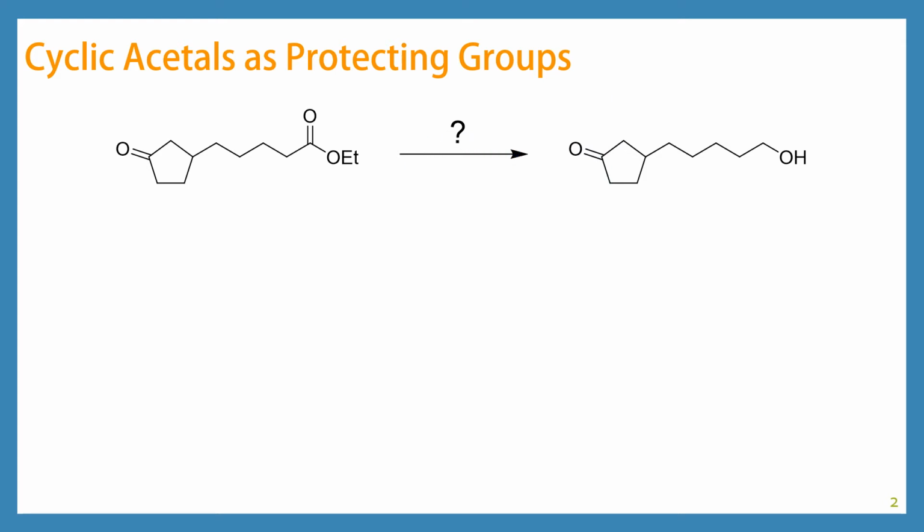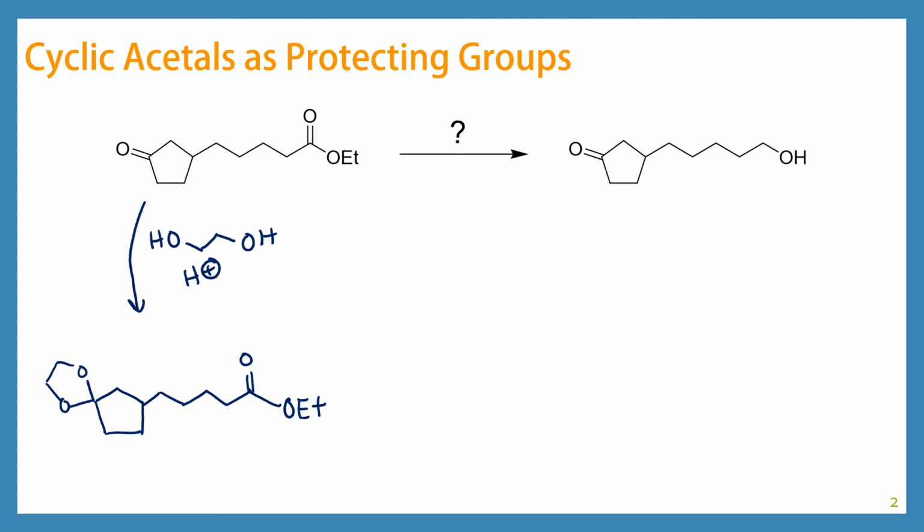We want something that will protect the ketone but not the ester. So in this case, what we want to do is react with ethylene glycol in acid, and this will give us a cyclic acetal.